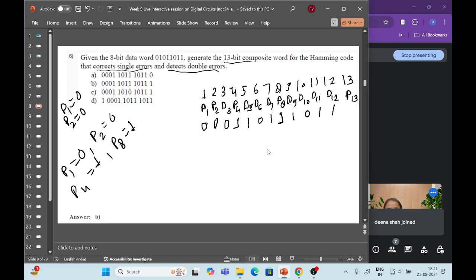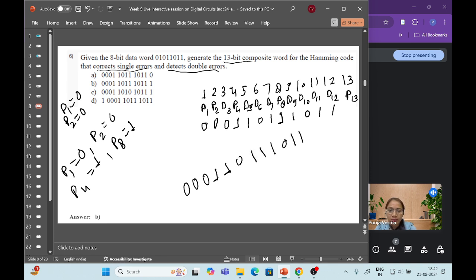So the sequence that we have got is 0, 0, 0, 1, 1, 0, 1, 1, 1, 0, 1, 1. Now P13 is left, so now we need to check the number of ones in this series. If number of ones are even, P13 is 0. If number of ones are odd, we need to add 1 for P13.